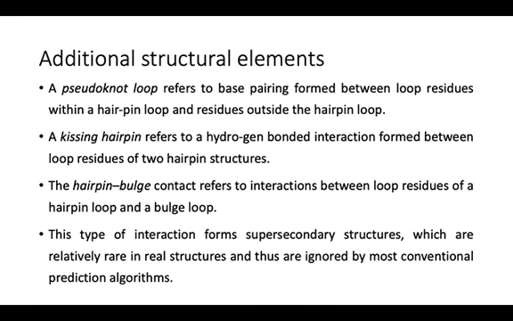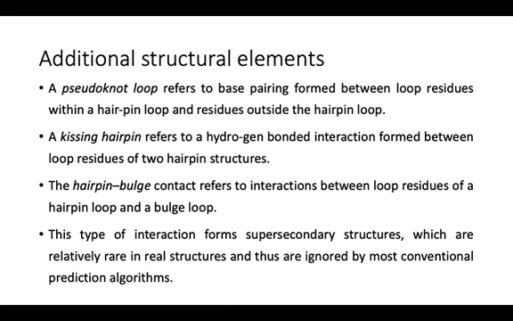So you can see from these. So there can be additional structural elements as well, like a pseudoknot loop, which refers to the base pairing formed between loop residues within a hairpin loop and residues outside the hairpin loop.